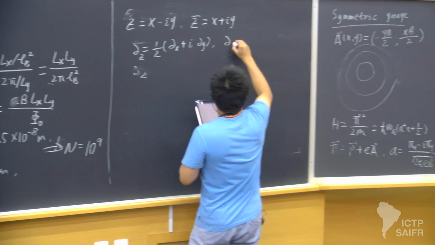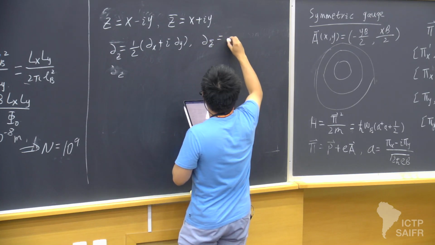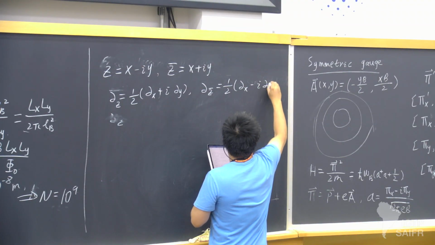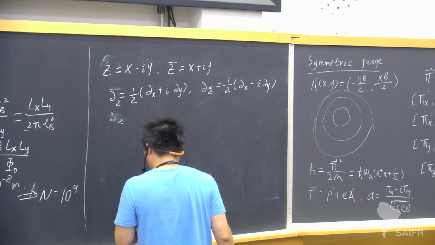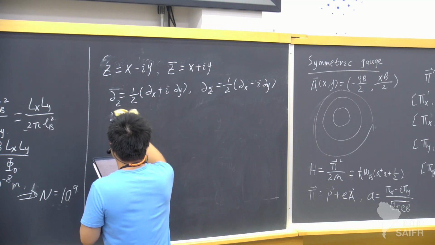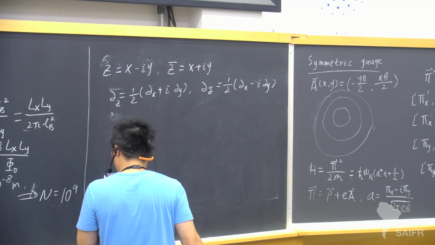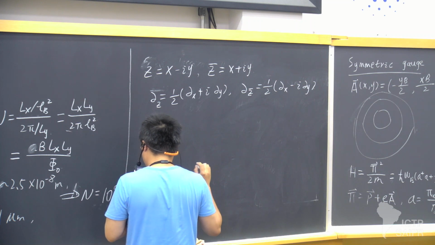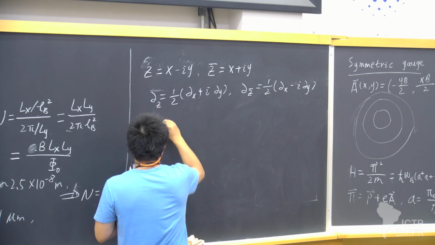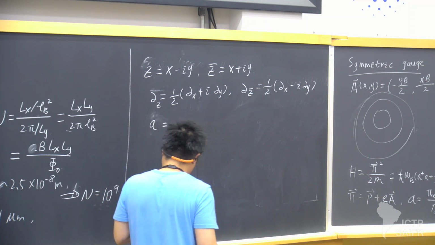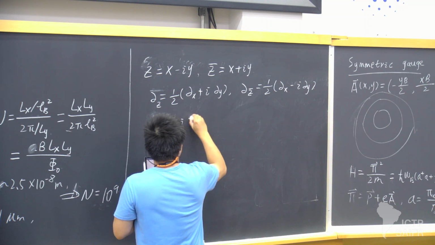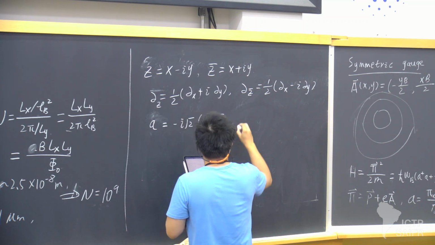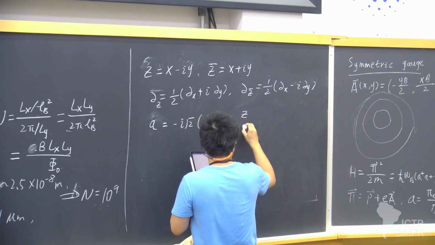Let me write here. Partial z bar will be... so then with some algebra, which I don't have time to go through, but you should do it in your exercise, I can find that the operator A that I defined now becomes minus i times root 2 LB partial bar plus z over 4 LB.